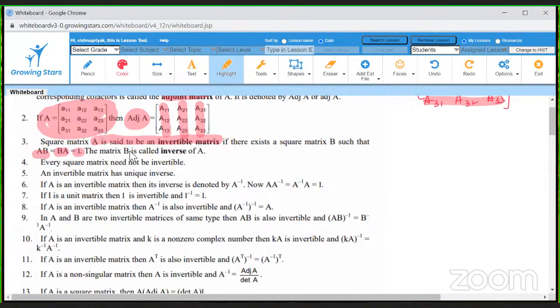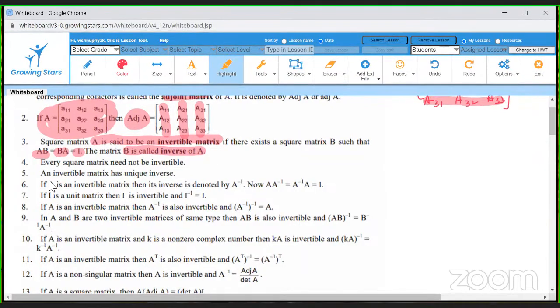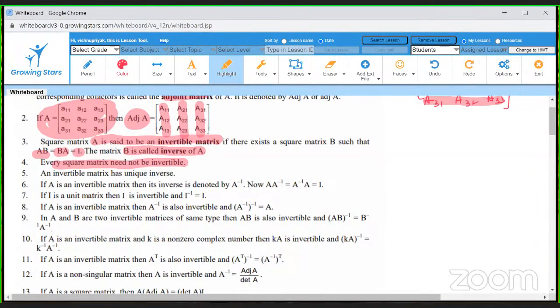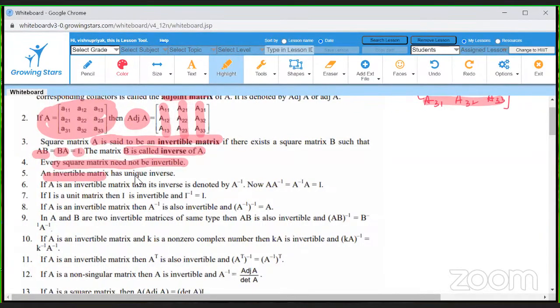B is called inverse of A, and A is called inverse of B. Every matrix need not be invertible. Some matrix has inverse, some matrix do not have inverse. Whichever matrix is invertible, it has one and only one inverse. If you can find the inverse of the matrix, only one inverse you can find, you cannot find many inverses.